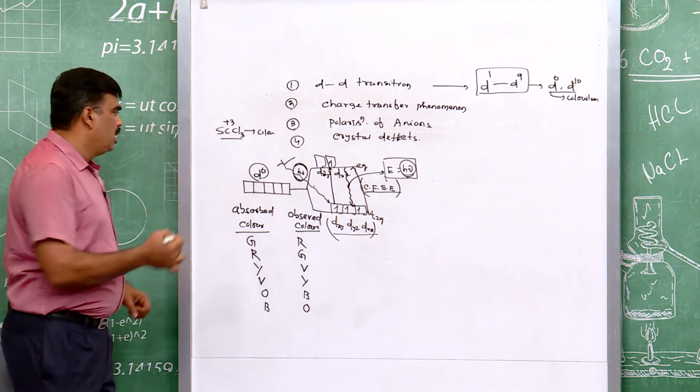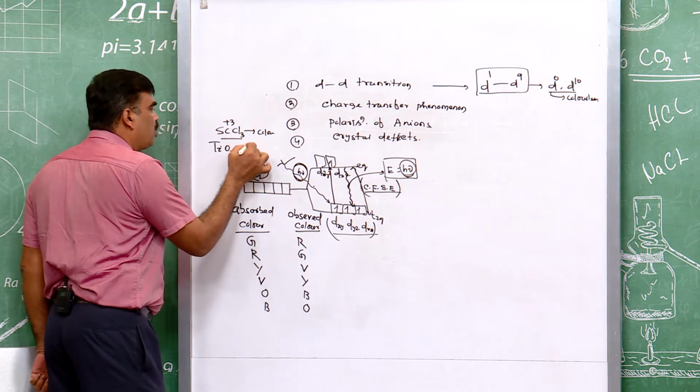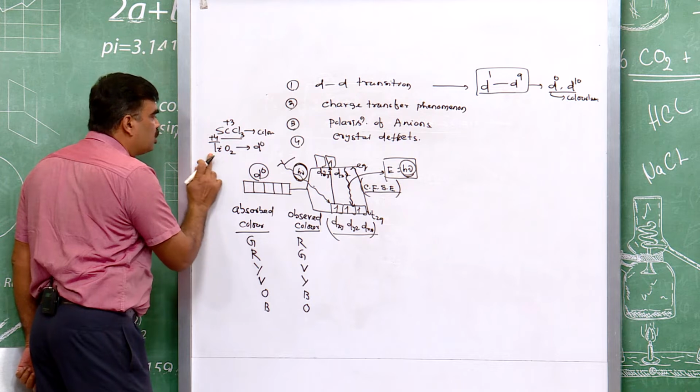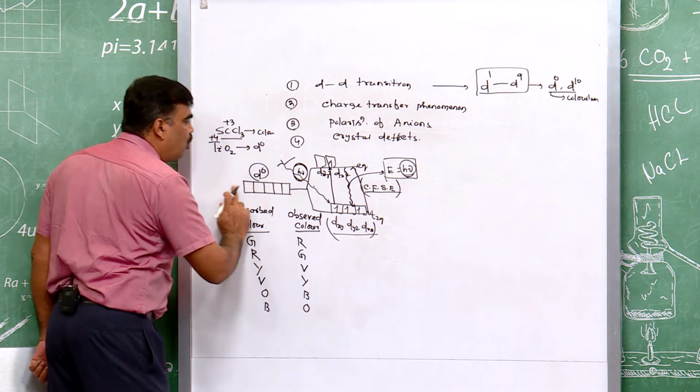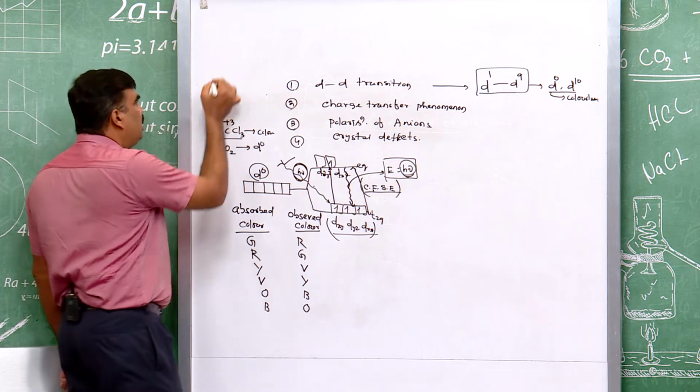Similarly, titanium dioxide has a d0 configuration, its oxidation state is plus 4, meaning it has lost all the electrons, so again no d electron is present and it is colorless.